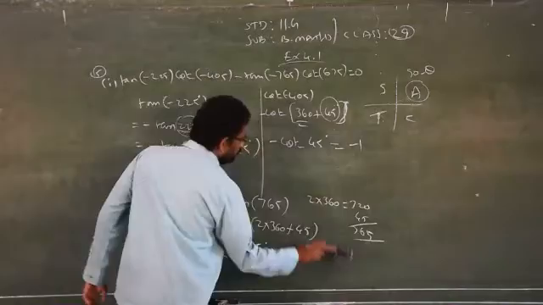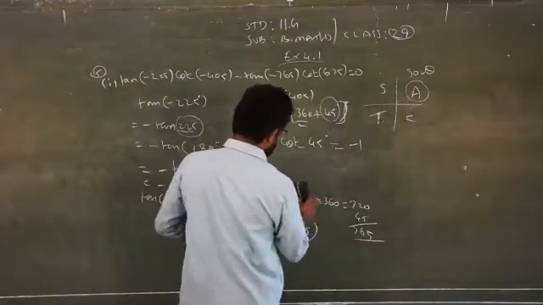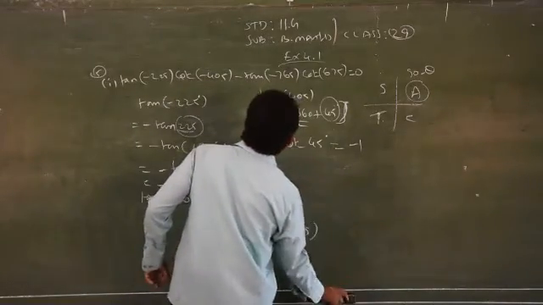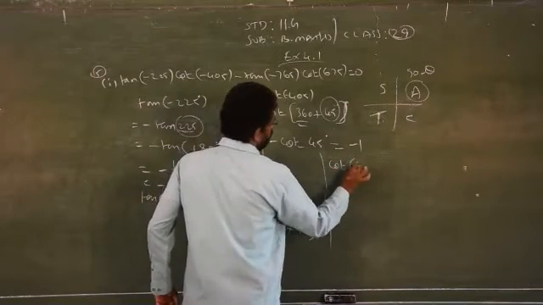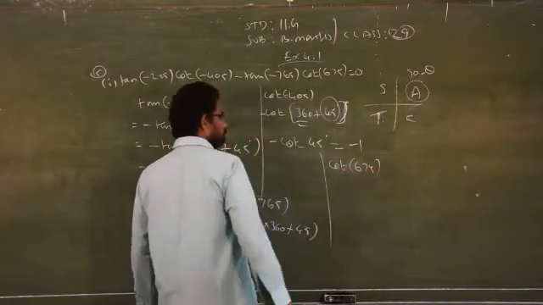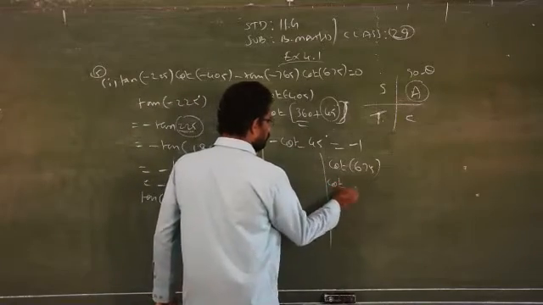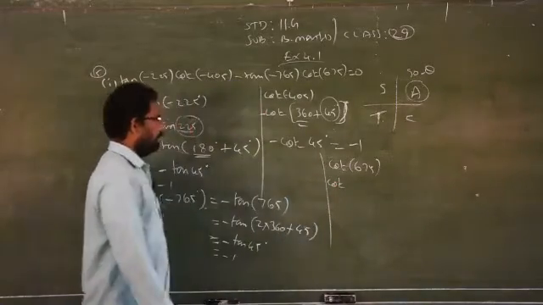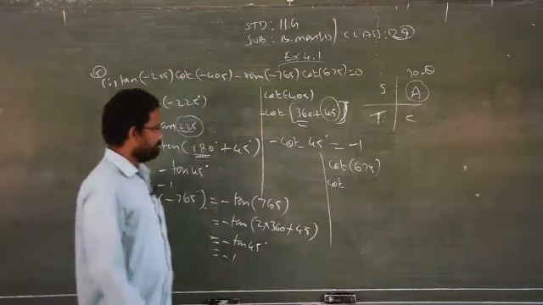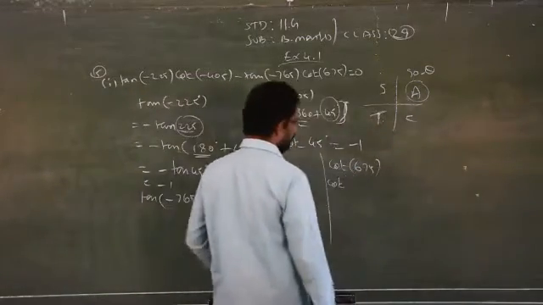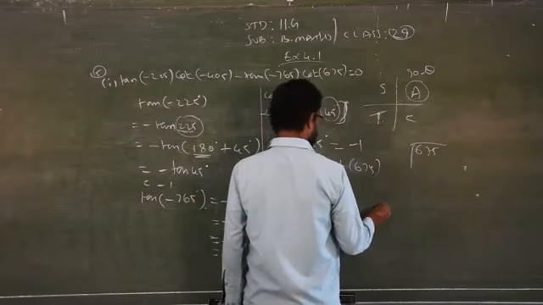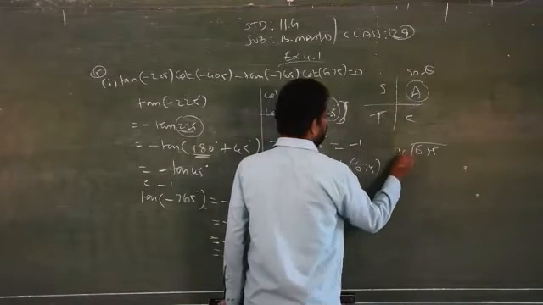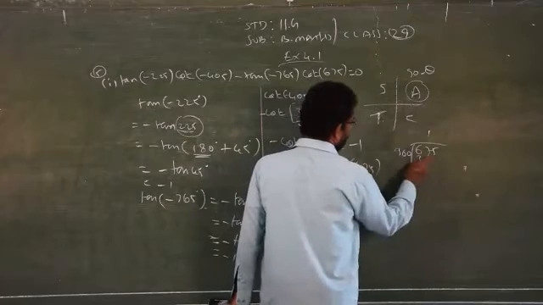Clear? So one more is left: cot 675. What is that? Cot, again 675. How many times? 2 times is 720. So you have to divide and see by 360. 1 time.